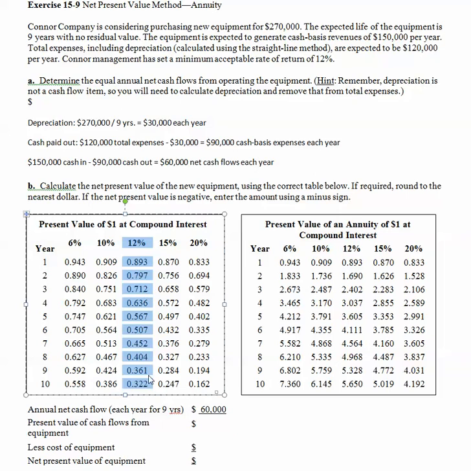We could do that because that would be 9 separate single cash flows. But there's a much easier way to do that. When you have an annuity, a cash flow that is the same each year, you can simply take that annuity times the factor in your present value of an annuity of $1 table.